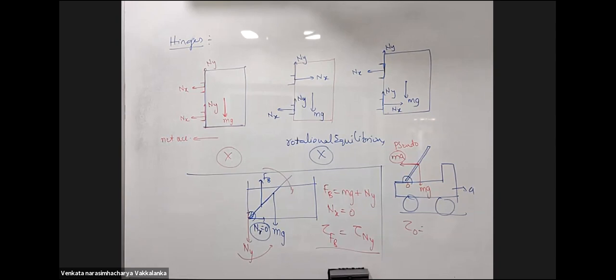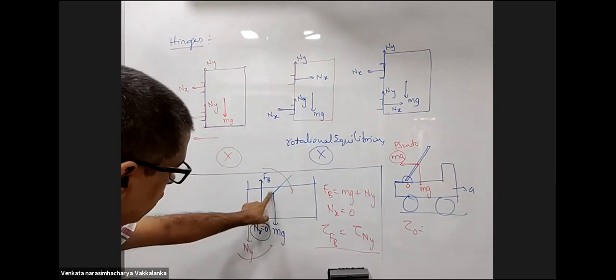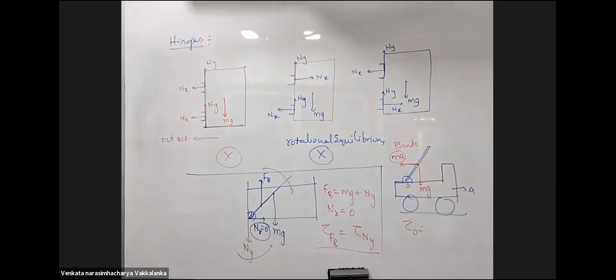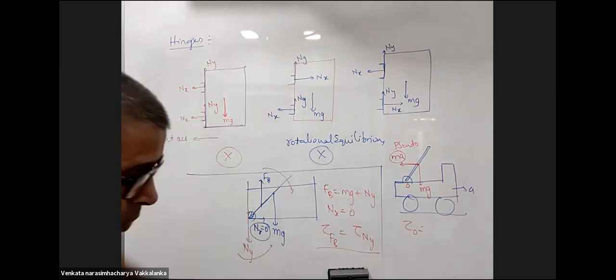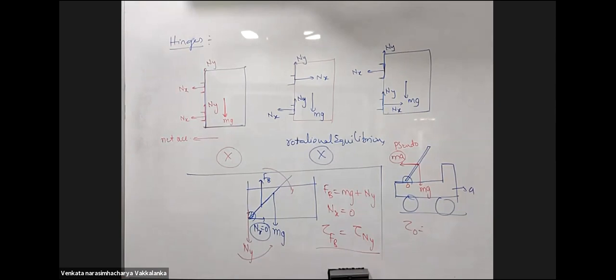Sir, you said FB is passing through center of mass. I'm just confirming that. Is that true? Come again. Sir, FB is passing through center of mass. Is that true? Do you see FB passing through the center of mass? So if FB is passing through the center of mass, then... sorry. Buoyancy will act at the centroid of the displaced liquid, not the center of mass of the body.